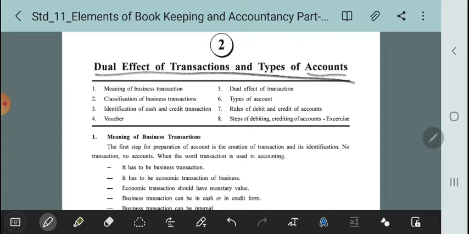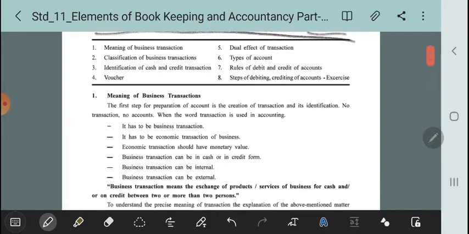But in this chapter we will study about the effects of transactions and types of accounts which are beneficial to do any type of business transaction and any type of sum which is asked in our examination. So this is an important chapter for doing the further practical chapters which we are going to study.